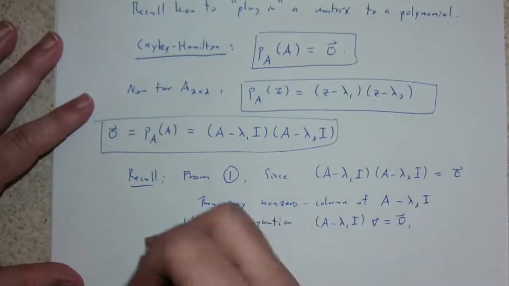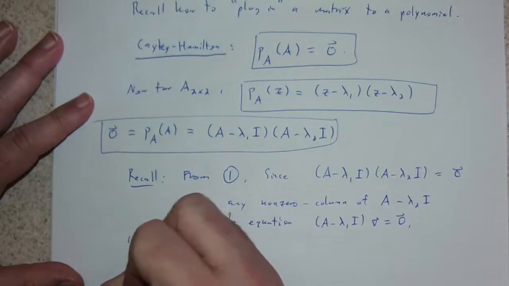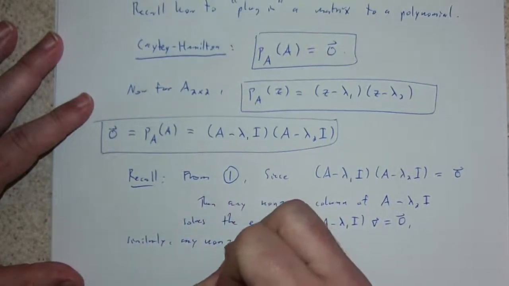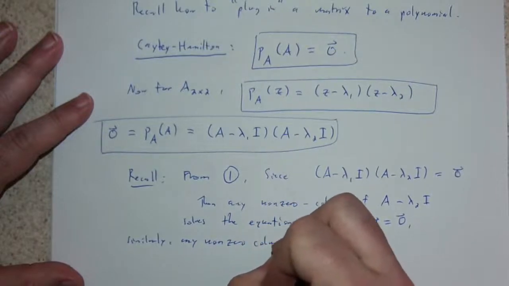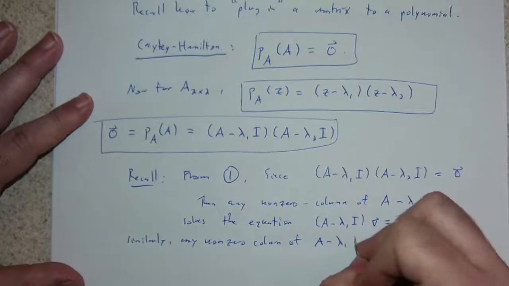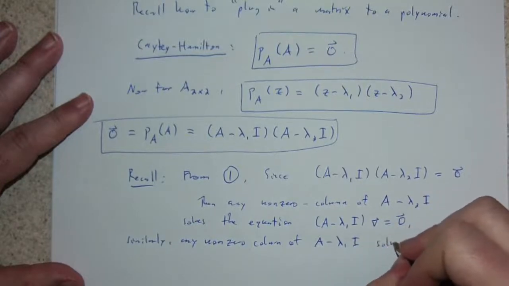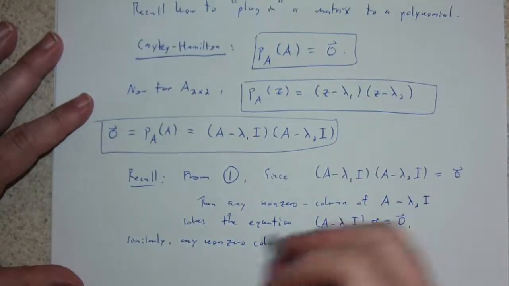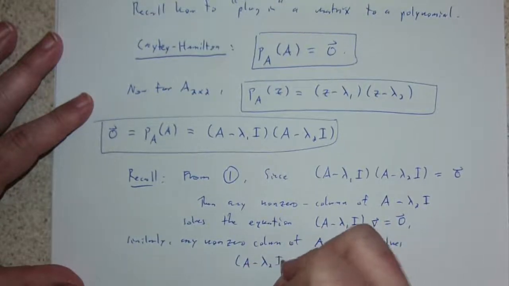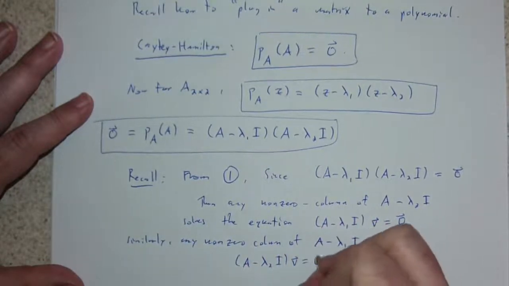And similarly, any non-zero column of A minus lambda 1 I solves the equation A minus lambda 2 I times V is equal to 0.